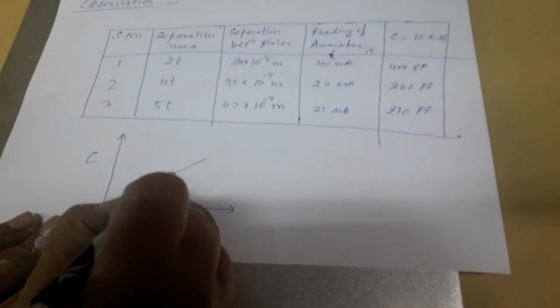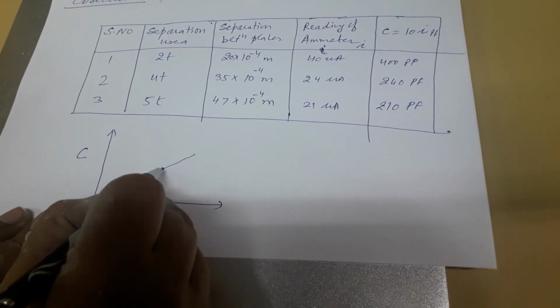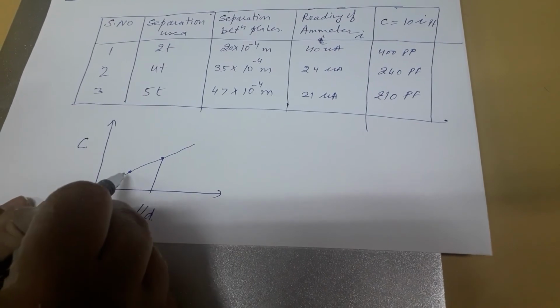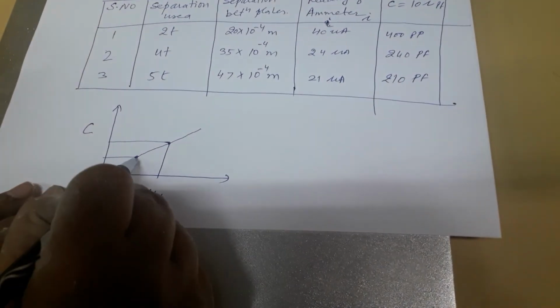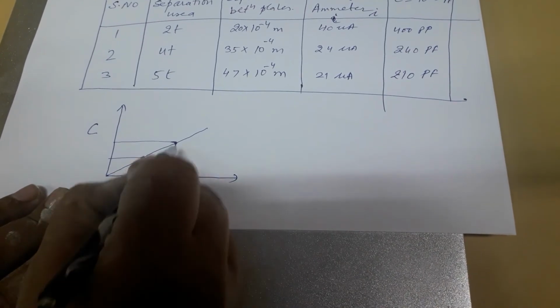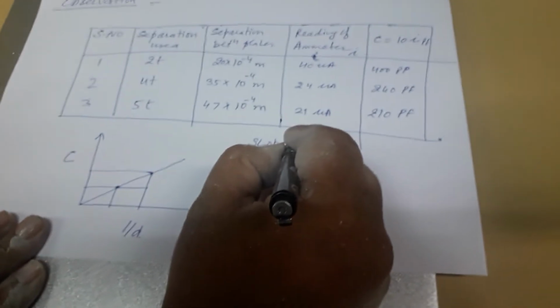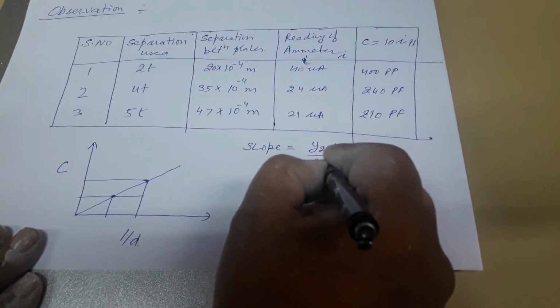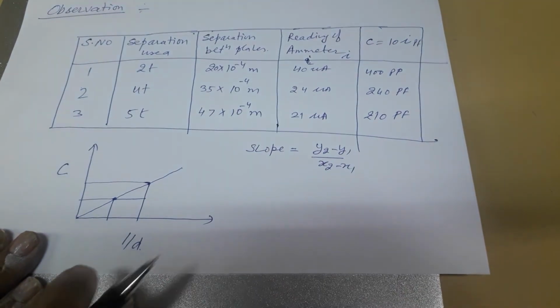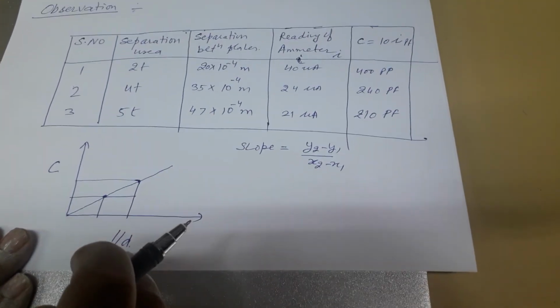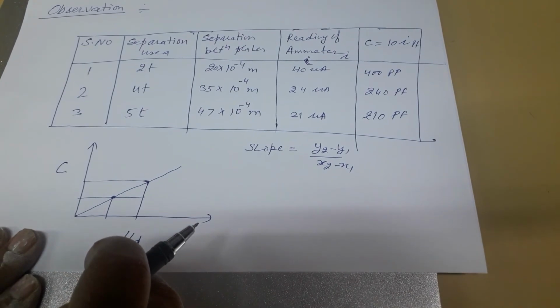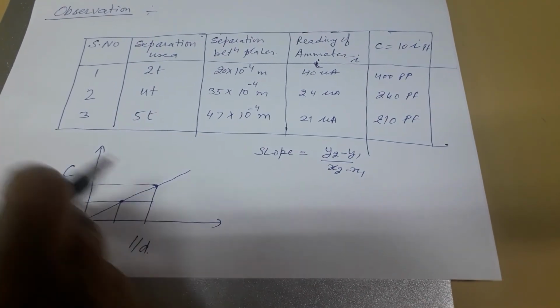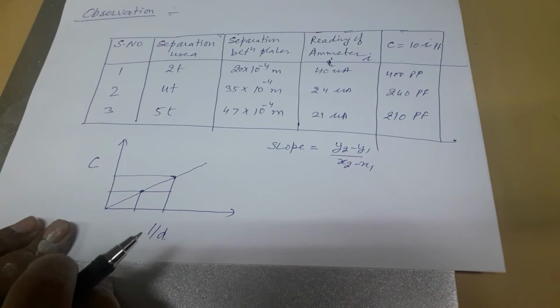Then we take any 2 points on the curve and draw the perpendiculars on the x-axis and also on the y-axis, and from this triangle we can calculate the slope, that is y2 minus y1 and x2 minus x1. On the x-axis, that is 1 upon d separation. D is the separation between the plates and C is the capacitance of the capacitor.